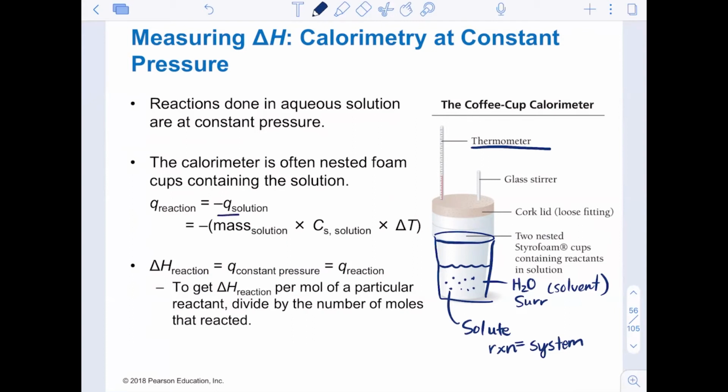So when we measure things, we are going to be measuring the mass of the solution, the specific heat of the solution, which will typically use water, and the change in temperature of the solution. These are going to be the same magnitude but opposite sign of the reaction. We're going to practice with this a lot, but it's really important to note that when we start using thermometers, we're measuring the solution, which is going to be more geared towards the surroundings itself.